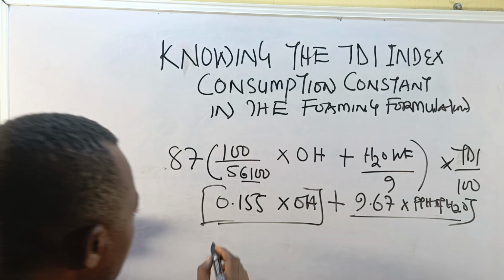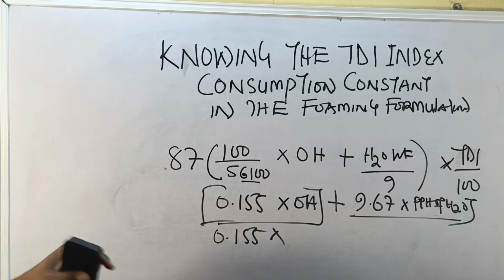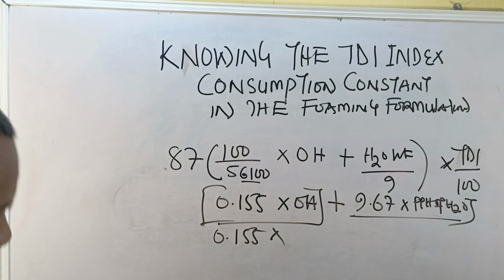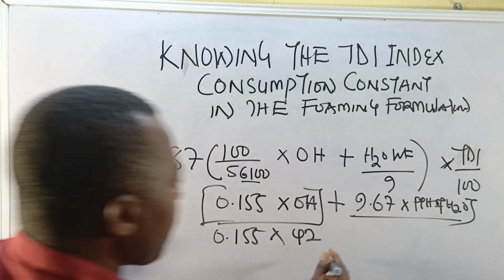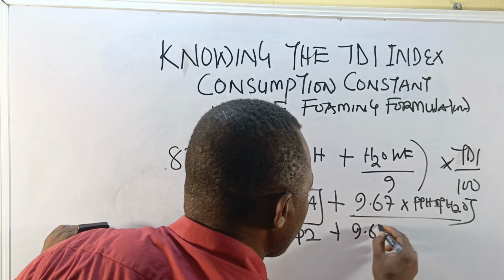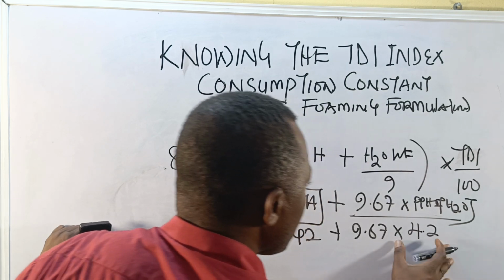So for example now, 0.155 times, assuming that the hydroxyl value of the polyol is 42, you put your 42 here, plus 9.67 times parts per 100 of water, assuming it's 4.2, is this.